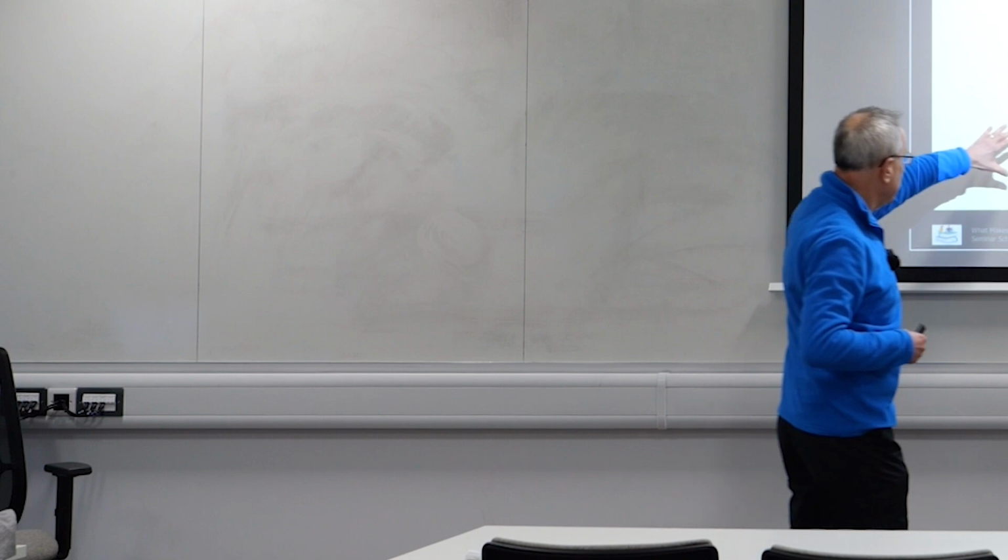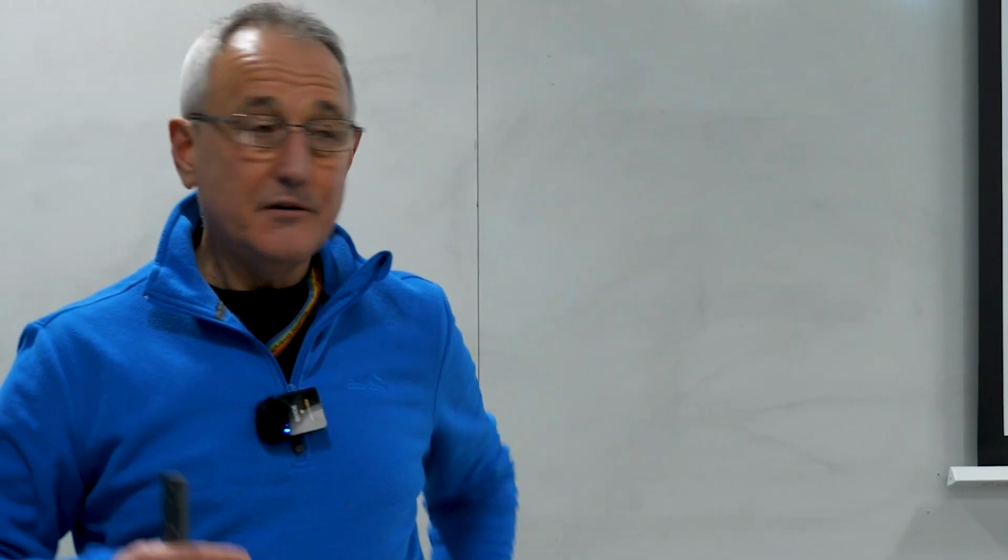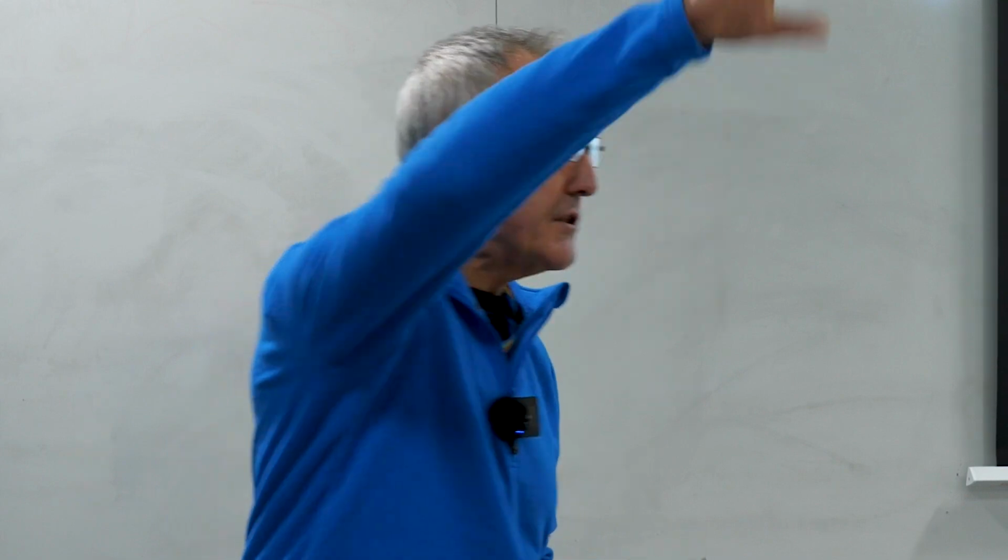Now, going back to these databases, some databases are selective in the sources that they look at when you do your search. So, for example, with Scopus, you can actually see the list of which journals they index. Other databases, let's say Google Scholar, aren't really very discriminating at all.